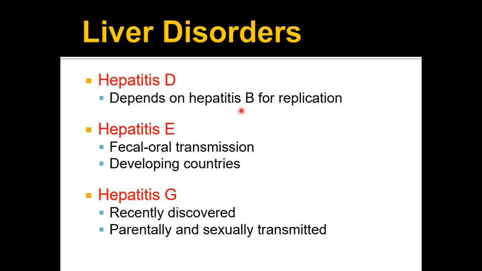But when it does, the co-infection of hepatitis D and B dramatically increases the chance of that person developing liver cancer later on. Hepatitis E, this is another fecal-oral transmission, self-limited, developing countries, crowded, unsanitary conditions, things like that.